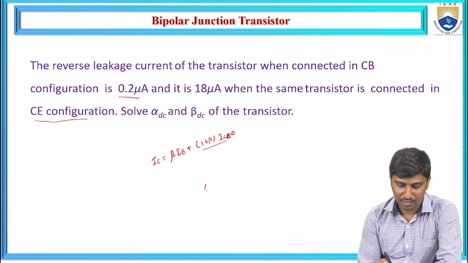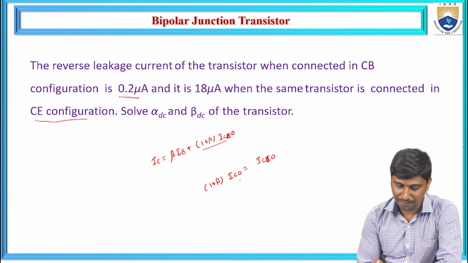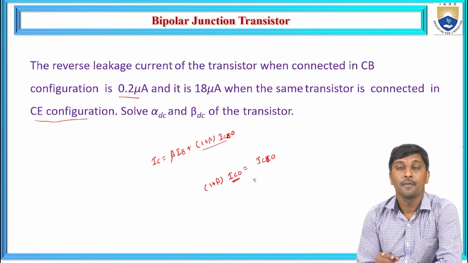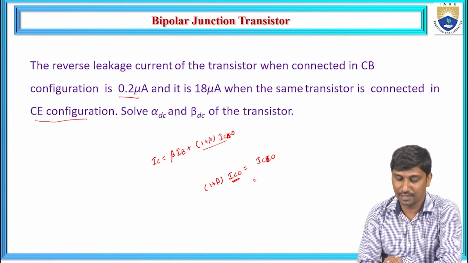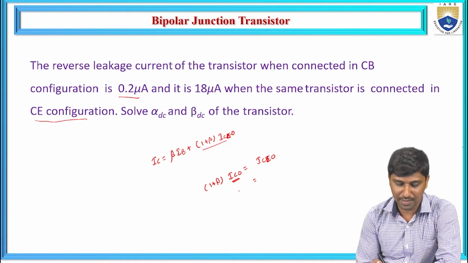So we have 1 plus beta times ICBO, that is equal to the reverse saturation current in the common emitter configuration. The reverse saturation current in the common base configuration is given as 0.2 microamperes.